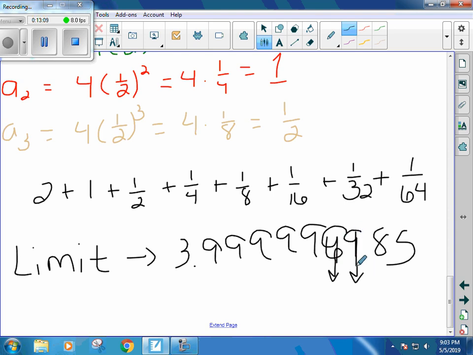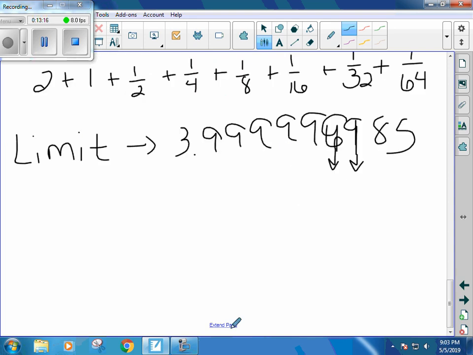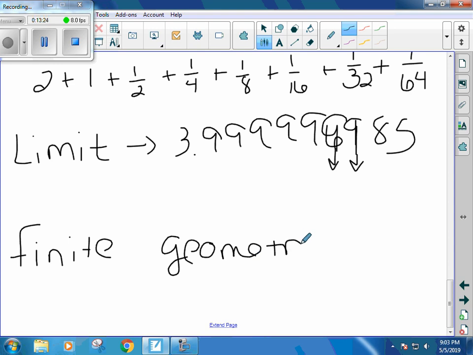And we'll keep getting closer and closer. So this is called a finite geometric series. Okay. In another video, we're going to do an infinite geometric series and talk about the difference between the two.